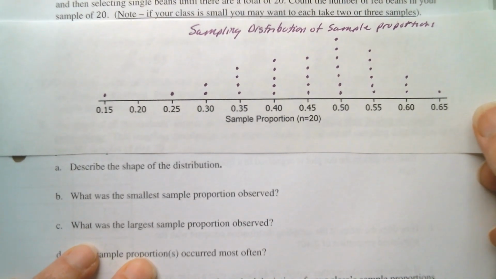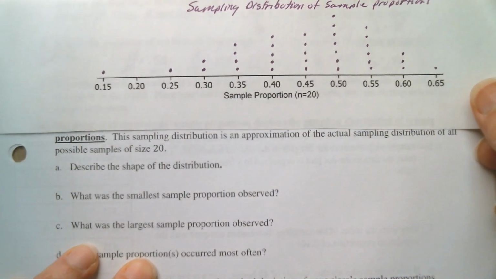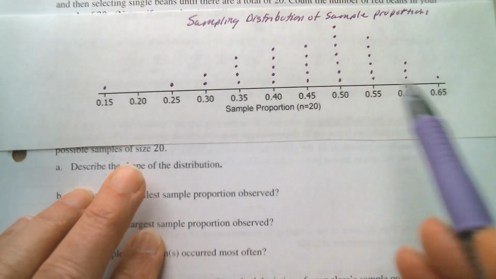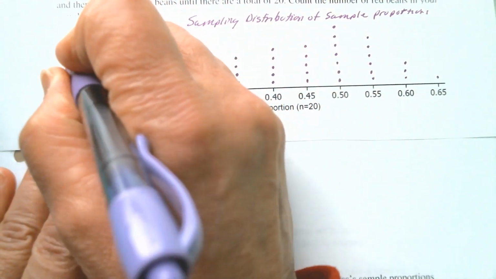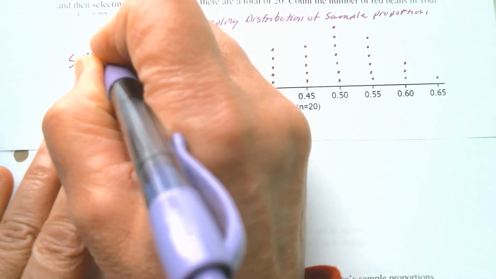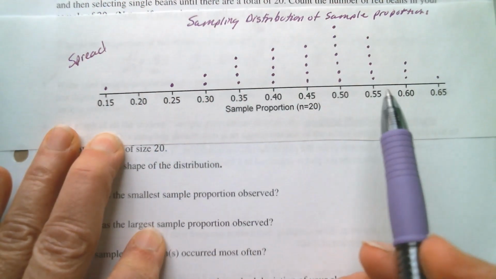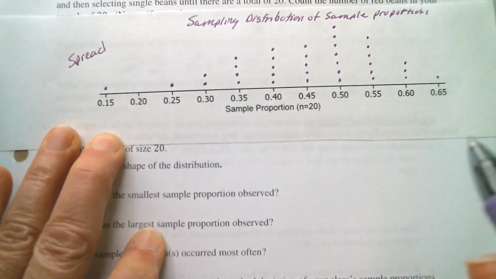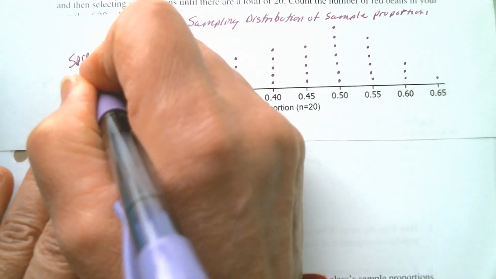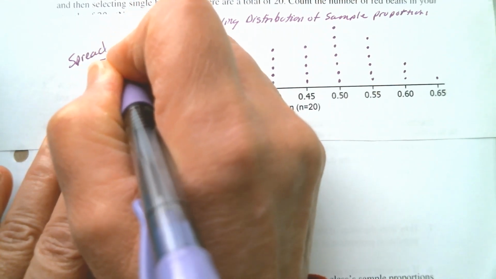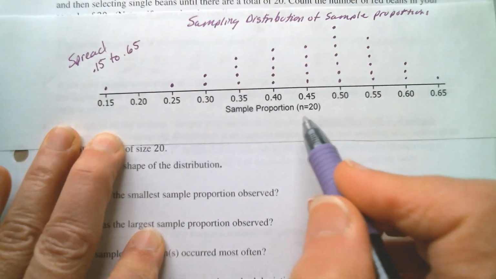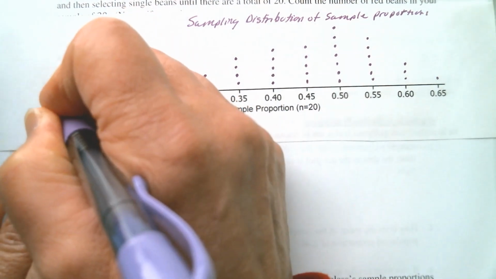One thing I want to notice before I answer these questions is to look at the spread. The spread is the low to high. The lowest proportion is 0.15 and the highest is 0.65. So the spread is 0.15 to 0.65, and this is a sample size of 20.